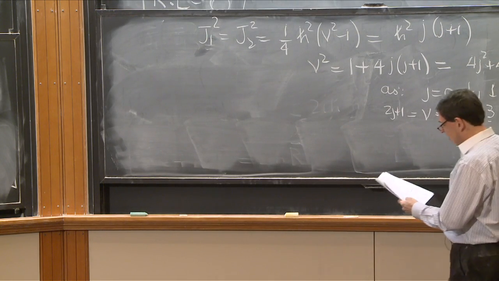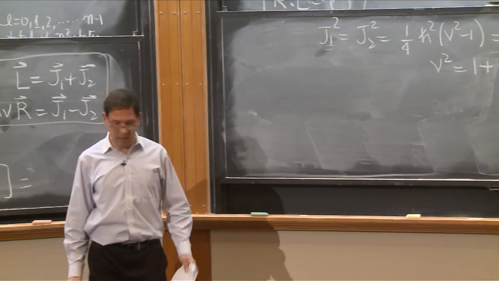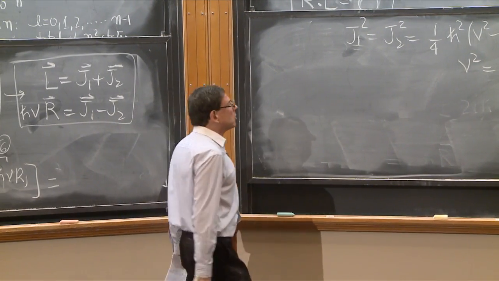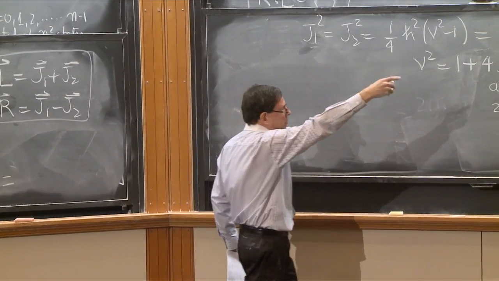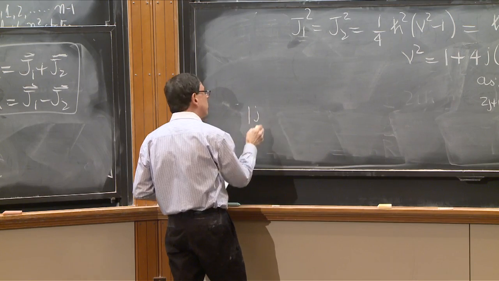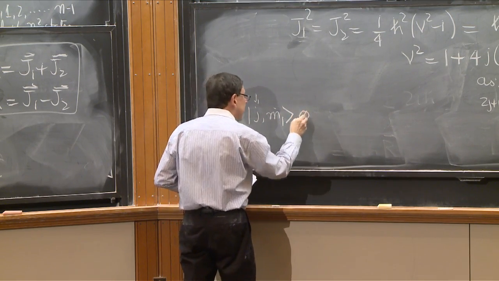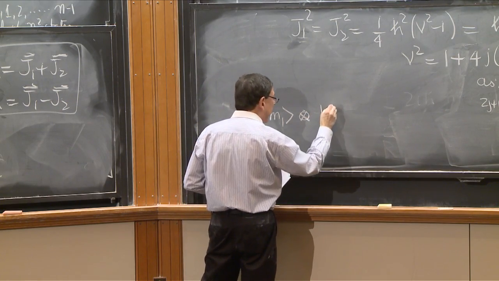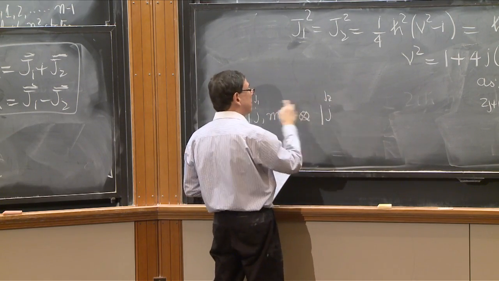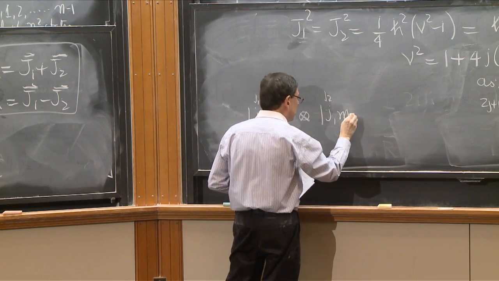So what happened now? We have two independent, equal angular momenta. So what is this degenerate subspace we were inventing? It is the space j, which is J1, and m1, tensor product with j, which is J2, but has the same value because the squares are the same, m2.